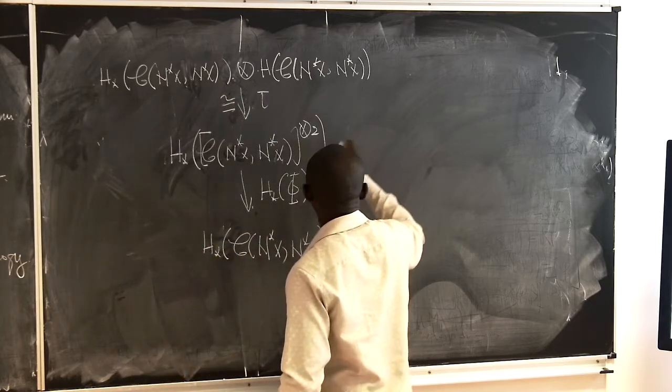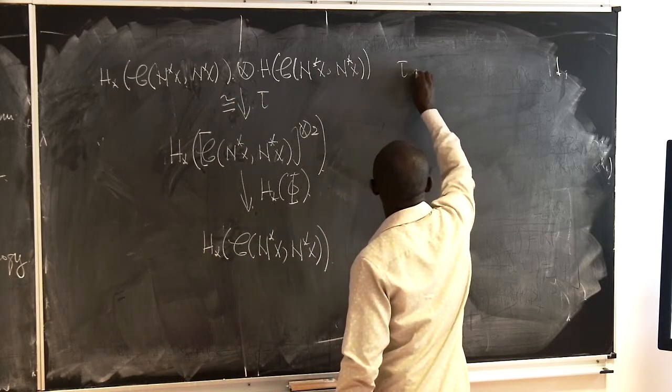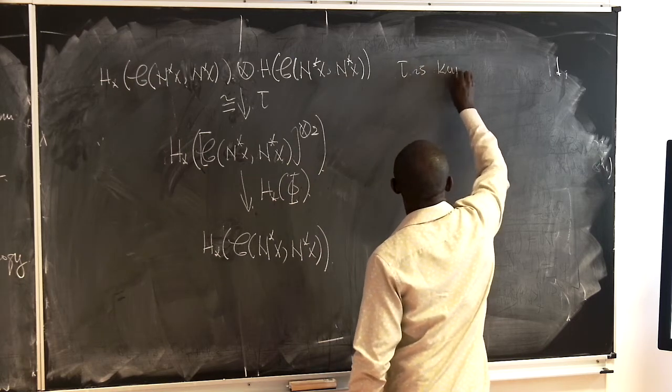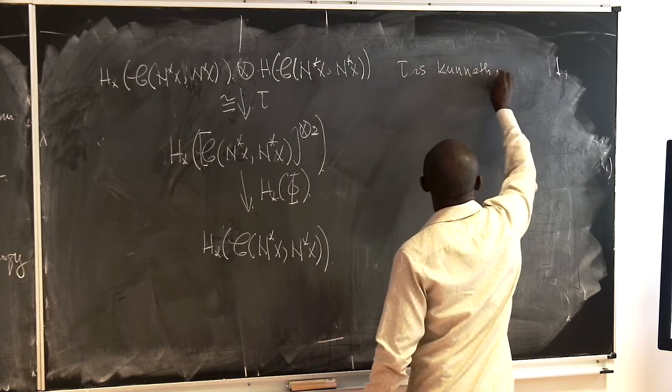This is tau. Tau is the Quillen isomorphism.